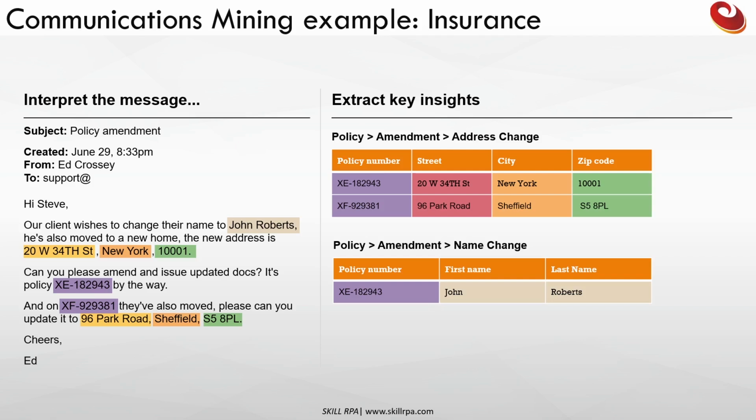From this message, it interprets that there is a change in the policy details: one is the address change and the other is the name change. It is able to properly identify and extract the information as well. Whatever extracted information we have will be passed on to an automation workflow along with the type of update required. So that's how communications mining works in an end-to-end scenario.